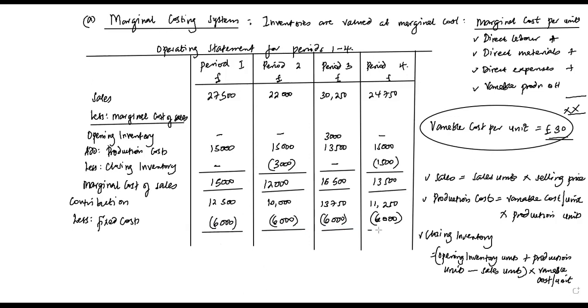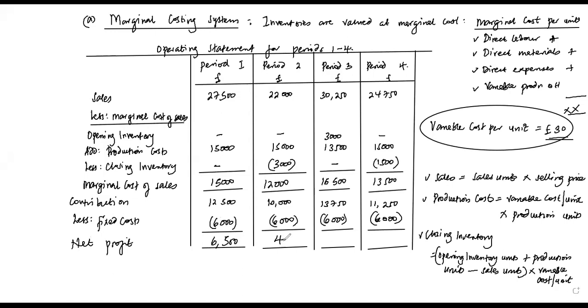So let's get our net profit figures for each period. 12,500 minus 6,000 gives us 6,500.